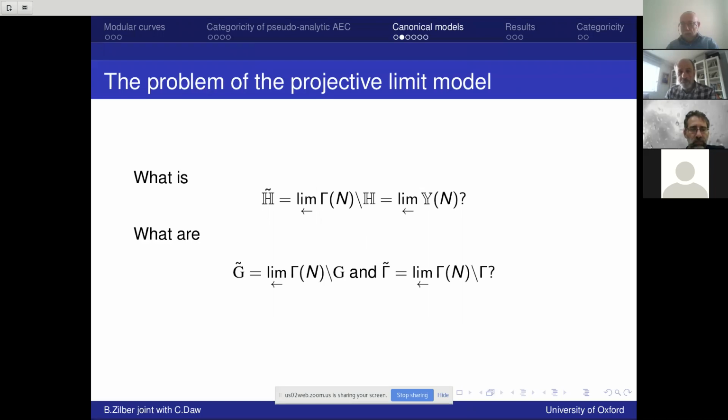So I'm formulating it here, and in particular, you should also understand what previously was the action of G. Well, in our case, this G is of course GL2Q with positive determinants. So what is a projective limit of this?